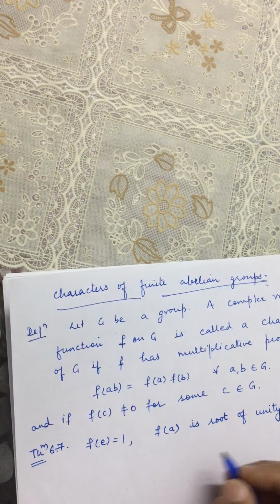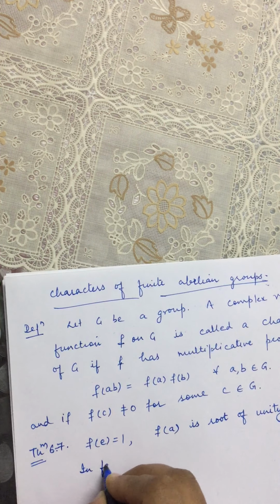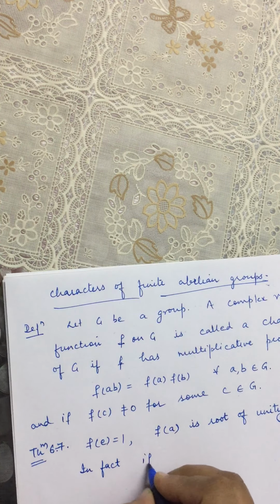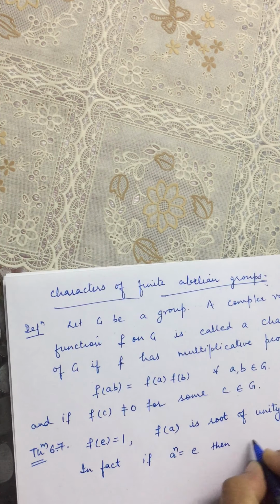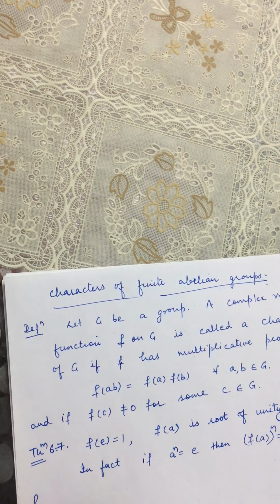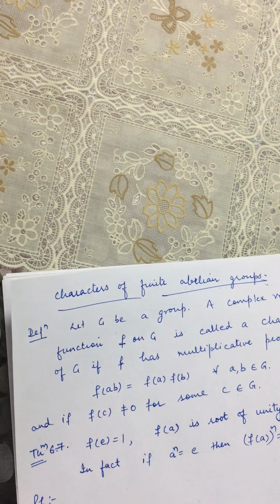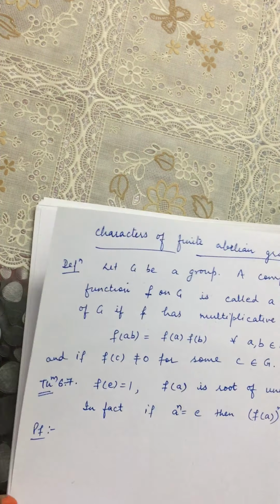So we want to prove f of A is a root of unity. In fact, if A raised to n is the identity element of the group, then f of A raised to n is 1. That means f of A is an nth root of unity. If the order of A is n, then f of A is an nth root of unity.